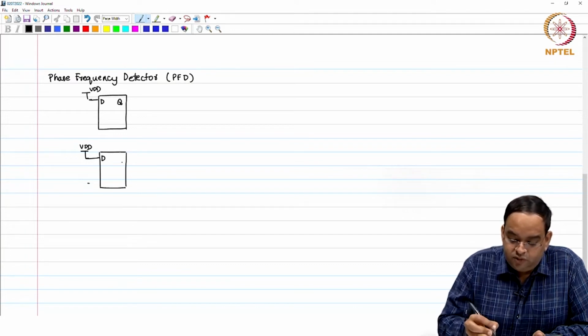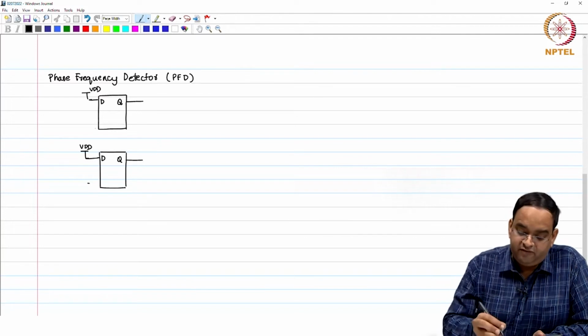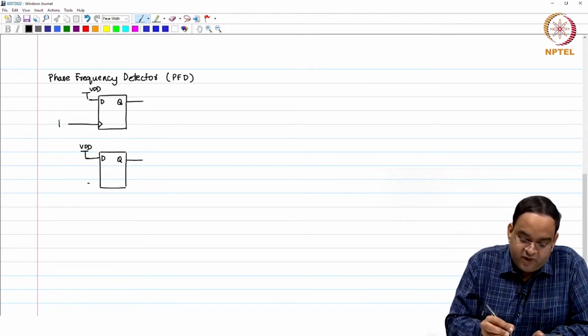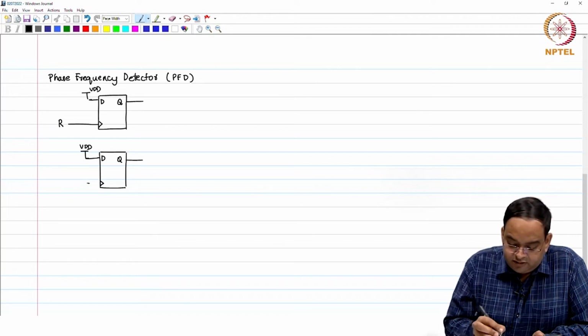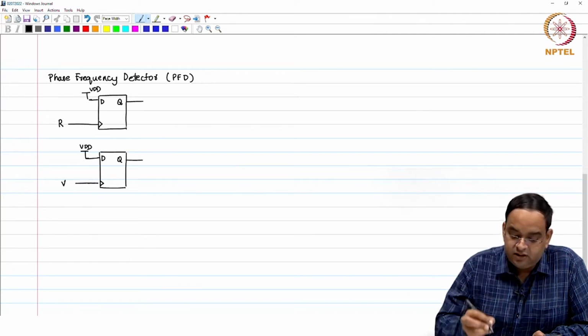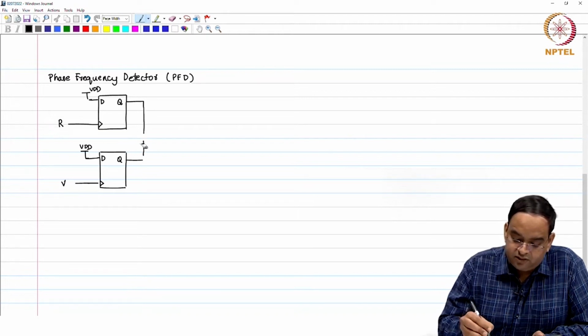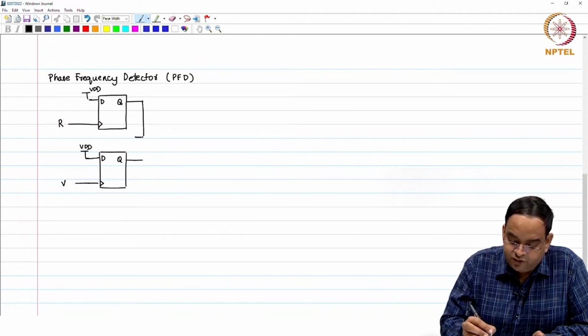The Q of both the flip flops act as outputs for the PFD, and one of these is clocked by the R signal, the other is clocked by the V signal, and the two Q signals are actually used to reset the 2 flip flops using an AND gate.